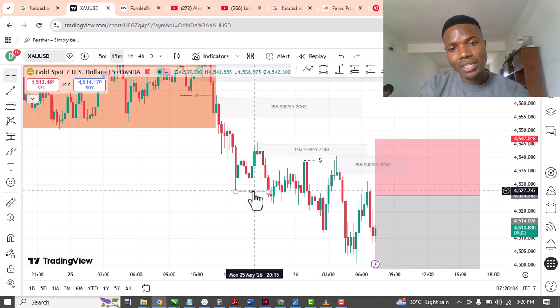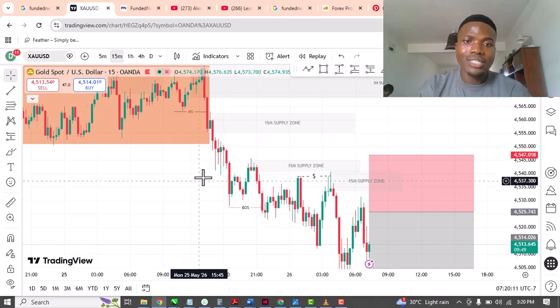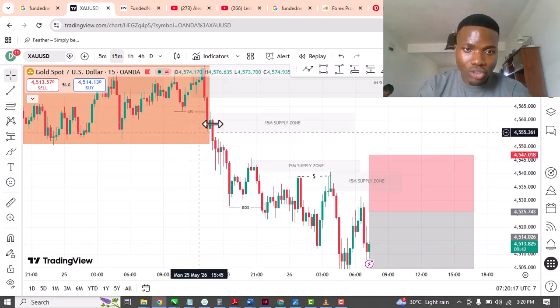I also observed that there is a 15 minutes supply zone, which is this zone around here.